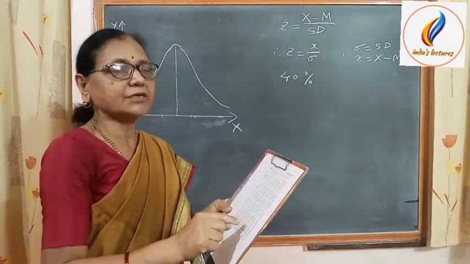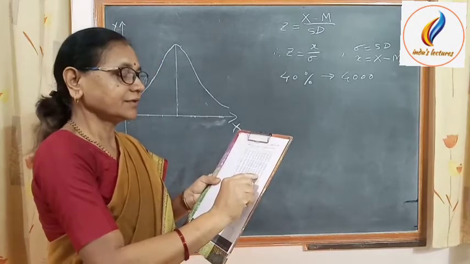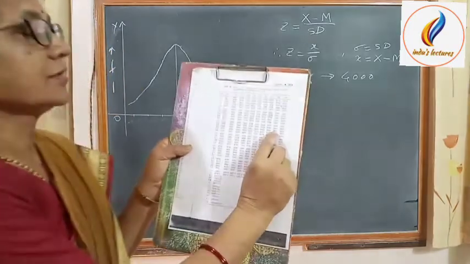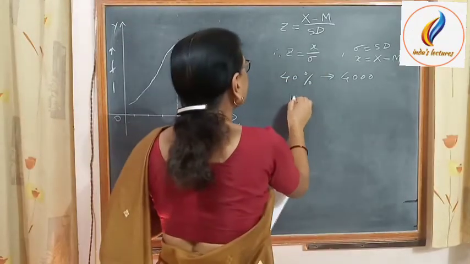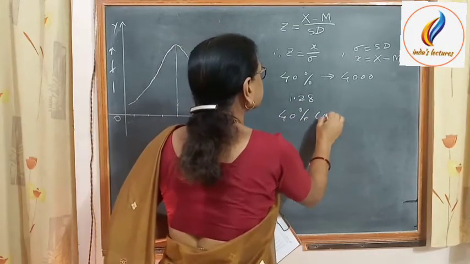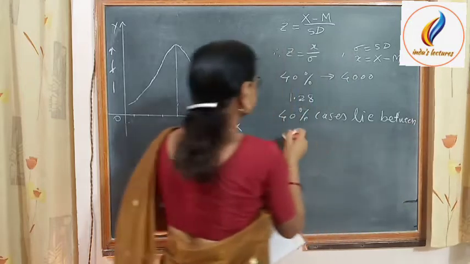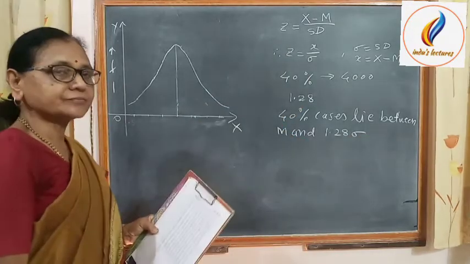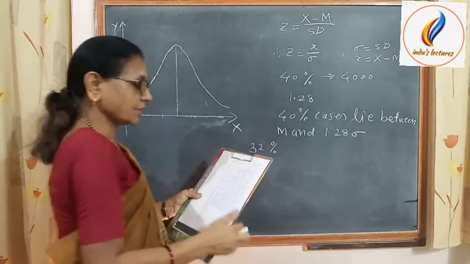These cases are near about, so consider the table and we find 3,997 cases in the sigma limit 1.28. 40% cases lie between mean and 1.28 sigma.